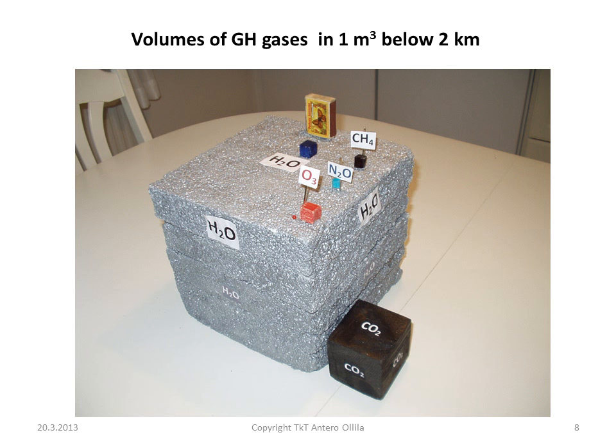It's very difficult to compare the volumes of greenhouse gases. What is the difference between percentages and ppms? That's why I prepared these cubes. This is the situation below 2 kilometers altitude, and this picture shows how much there are different greenhouse gases in 1 cubic meter.